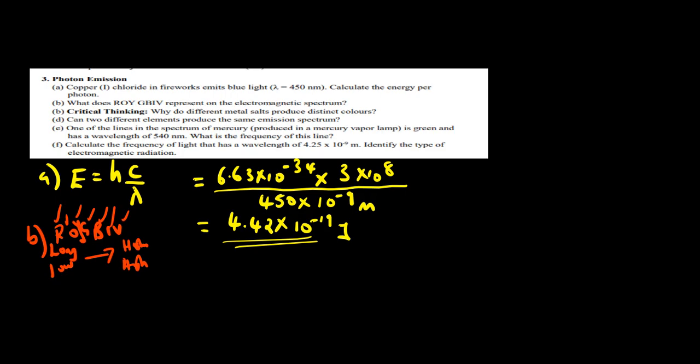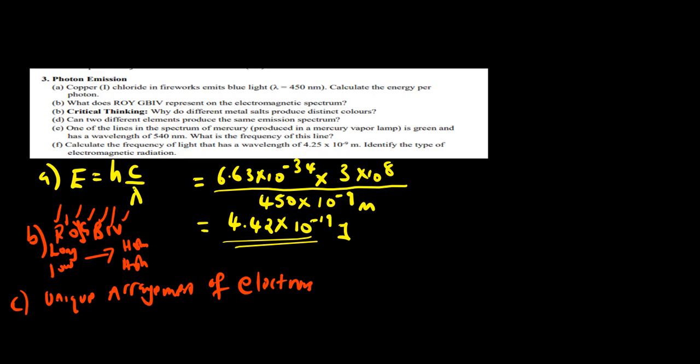The reason is that different metals will emit distinct colors because they have a unique arrangement of electrons. The way electrons are arranged in these metals, they are really different.